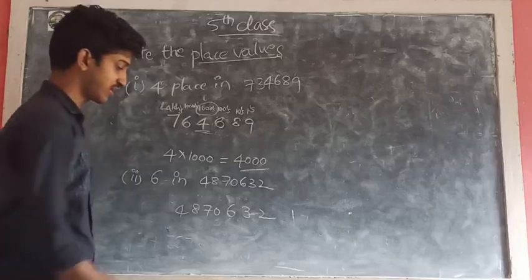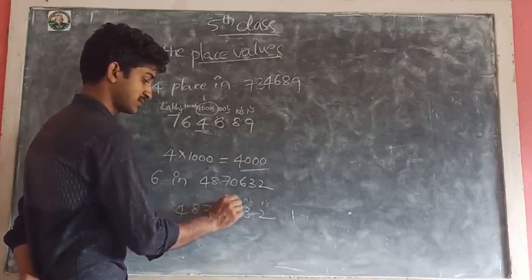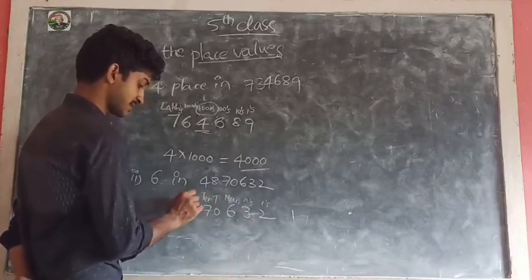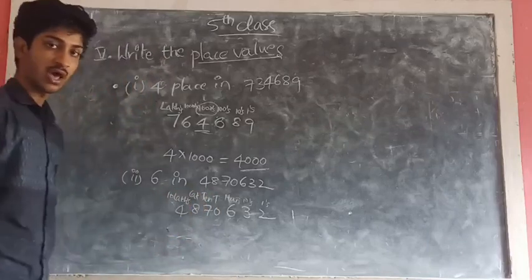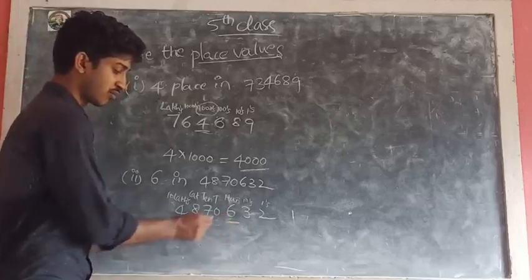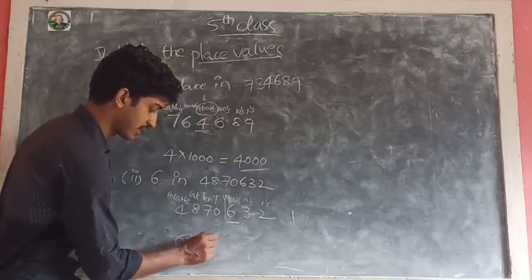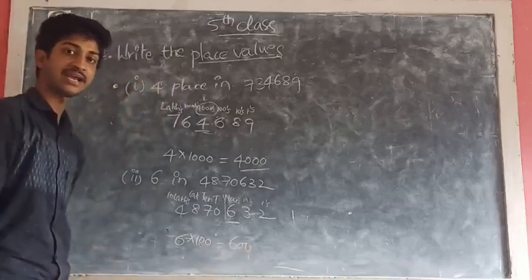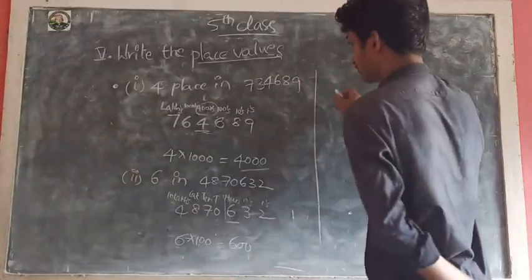Write the place value of each digit: ones place, tens place, hundreds place, thousands place, 10,000s place, lakhs place, 10 lakhs place. Now what is the digit we have to find the place value of? 6. 6 is here. What is the place value of 6? 100. 6 multiplied by 100, we get 600. 600 is the place value of 6 in 48 lakhs 70,632.